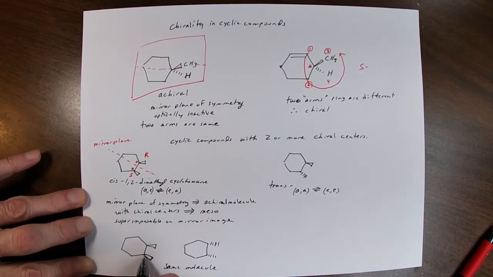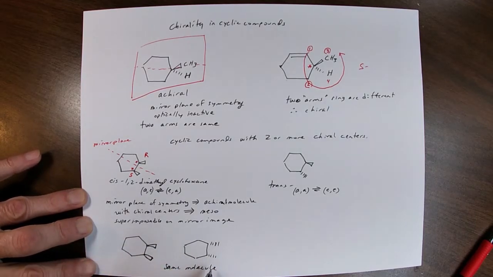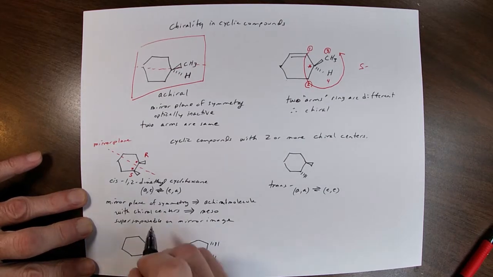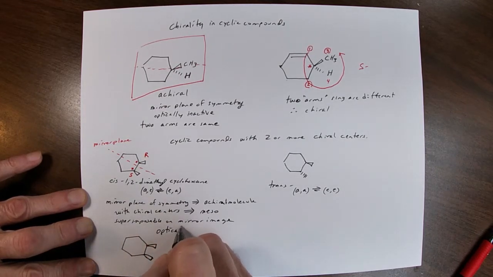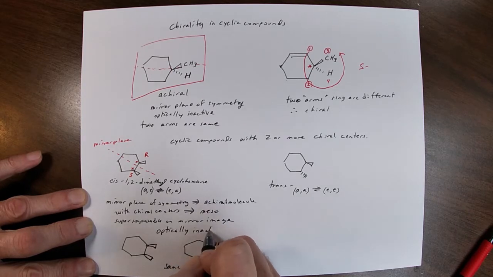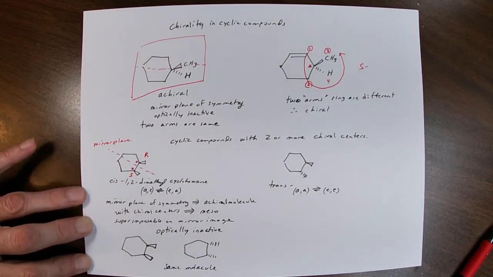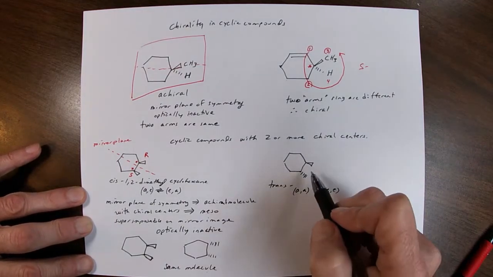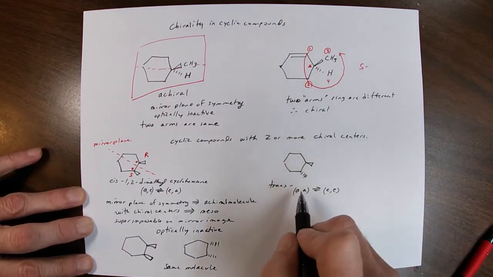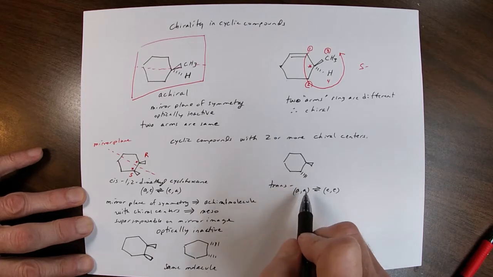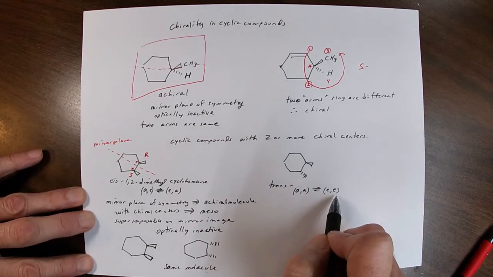Again, if it's got an internal mirror plane of symmetry, it's going to be superimposable on its mirror image. And since it is meso, this molecule is optically inactive. So the cis isomer is optically inactive. If you look at the trans, now the trans can exist as, again, two different conformers, diaxial or diequatorial.